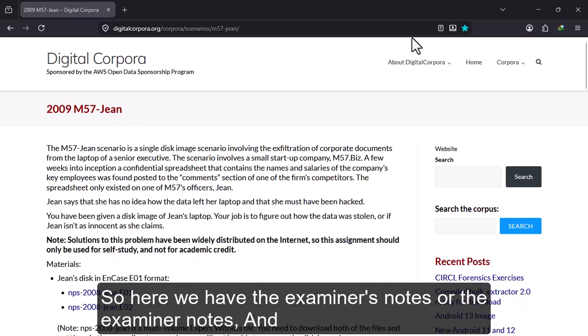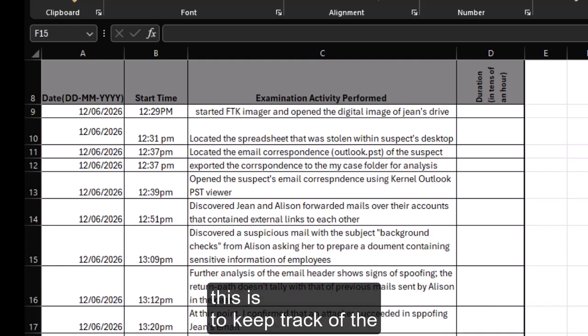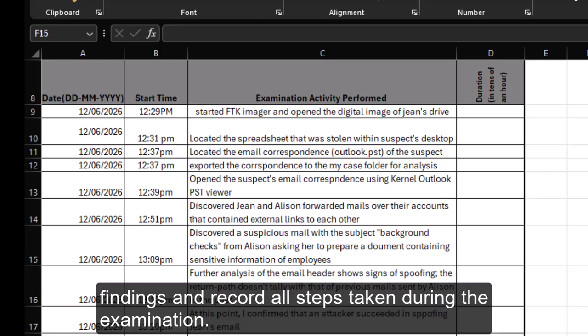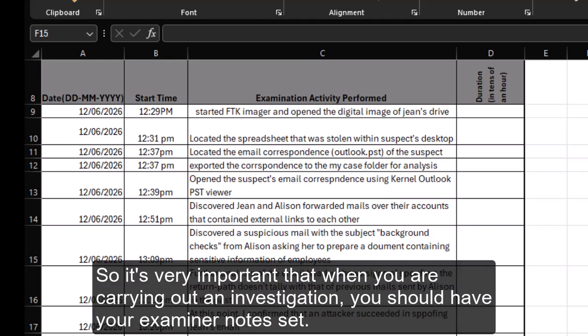All right. So here we have the examiner's notes. This is to keep track of the findings and record all steps taken during the examination. So you will need to refer back to this when you are writing your report. So it's very important that when you are carrying out an investigation, you should have your examiner notes set.